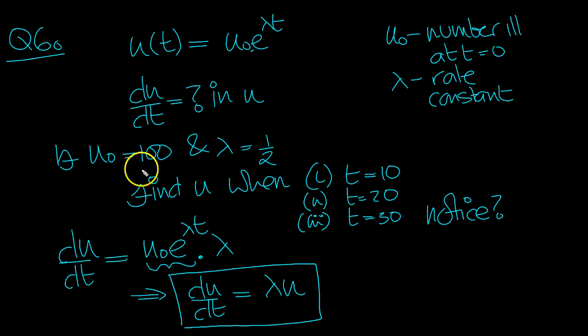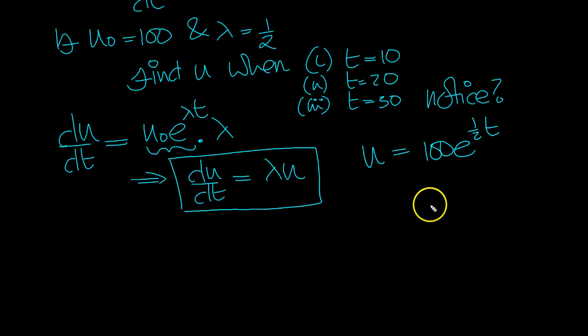If u naught is 100 and lambda equals half, find u when t equals 10. So u is equal to, I'm just going to write u equals, u naught is 100, e to the lambda half t. So let's put the values in and see what we get. So we're going to put in t as 10, t equals 20, and t equals 30.